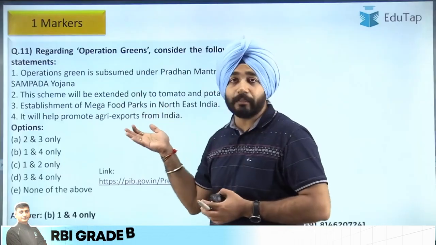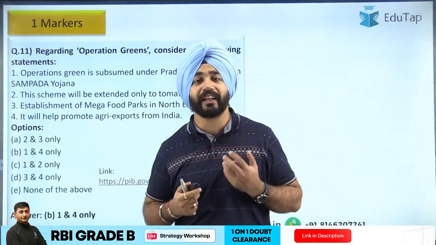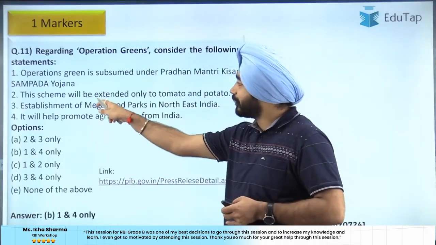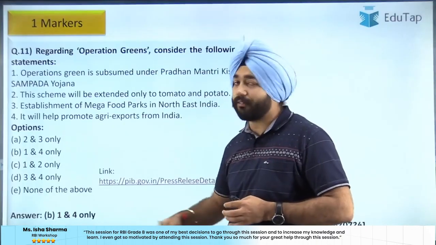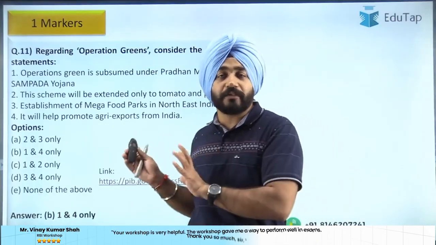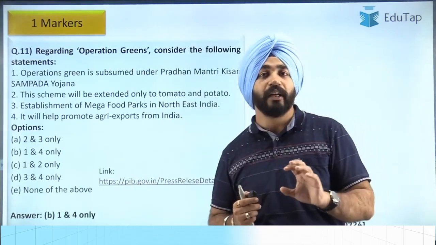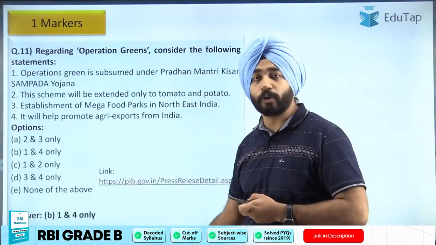And mega food parks is not a part of the Operation Green scheme. वो तो मेगा फूड पार्क स्कीम ही अलग है आपकी. So that's why the second and third statements become incorrect, and the answer was option B, 1 and 4. And guys, this question was, I can say, an easy question to attempt. If you have thoroughly prepared the scheme, you can attempt this question.